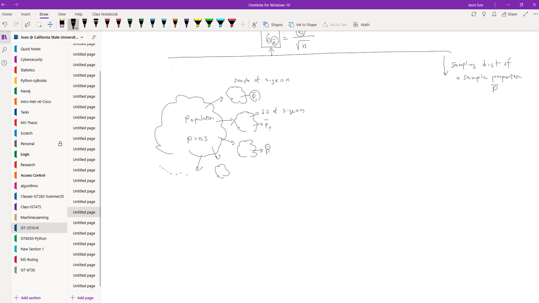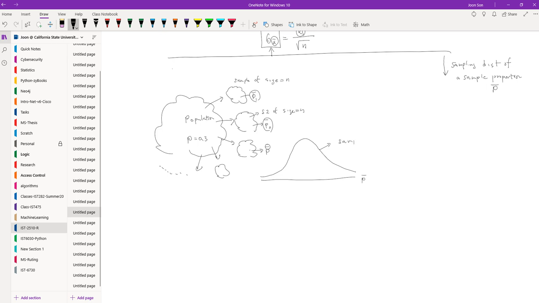And then I can draw the sampling distribution, which is the probability distribution. I'm going to get this normal distribution, and this axis is P bar. We know that this will form a normal distribution, and the name for this is the sampling distribution.